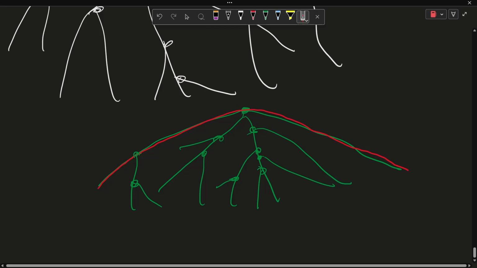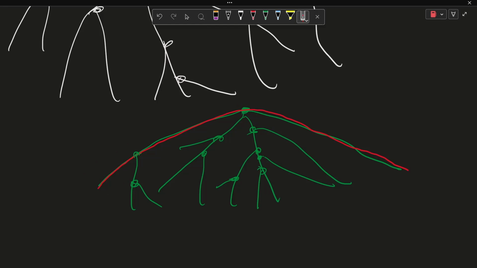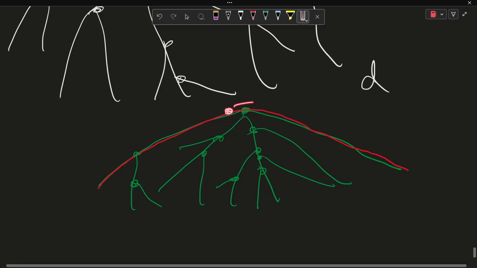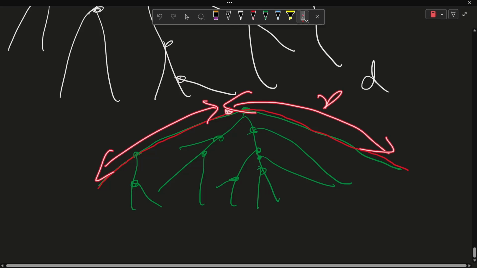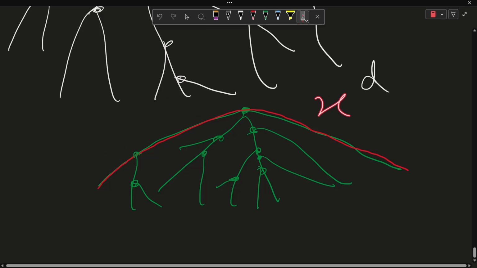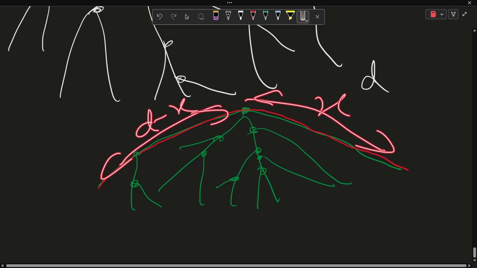Okay, so let's suppose the diameter of this tree is d. If we are at some node such that this distance is, let's say, x, then this depth would be d minus x. This is for sure.